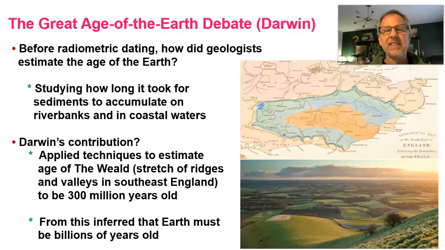So this is how early geologists attempted to identify the ages of various formations on Earth: by the uniformitarianism principles of Lyell, using measurements today to see how long it takes for rock formations to form, and then inferring in the past how long ago those events must have taken place.